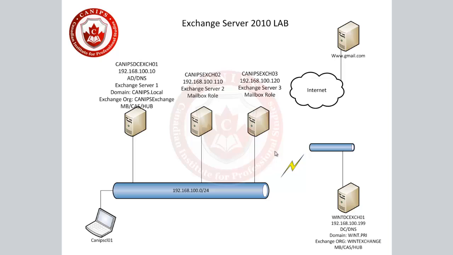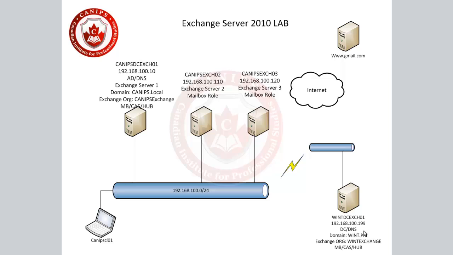This can be done, but just to make this simpler on the networking side, I have it on the same subnet. I would suggest you do the same thing, because our goal is not to configure the network, but mainly to do the mail flow between 2 Exchange organizations.